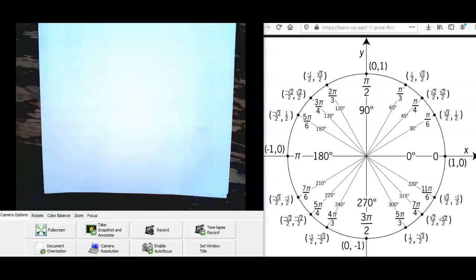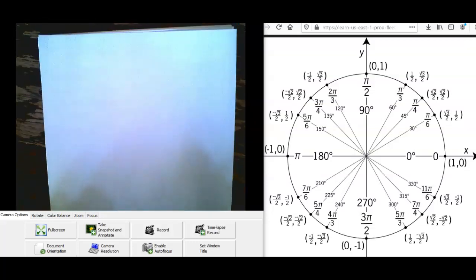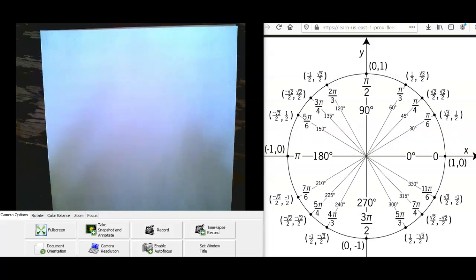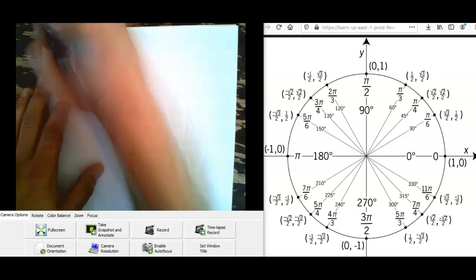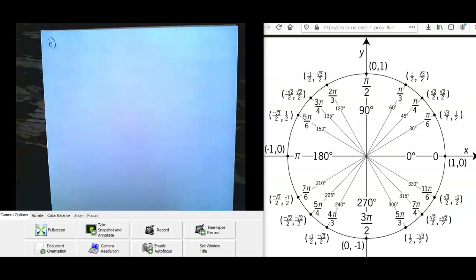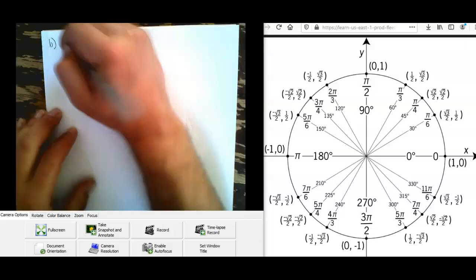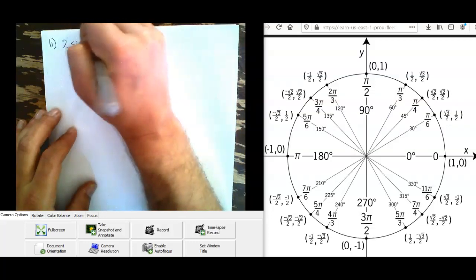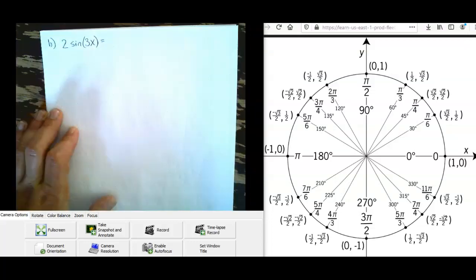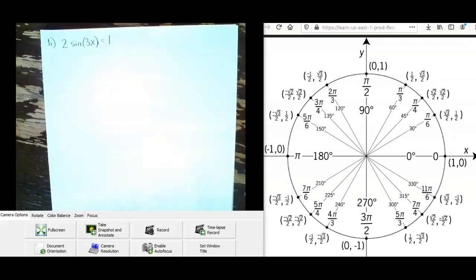Let's try another one like that. Let's do 2 sine 3 theta, or 3x, equals 1.